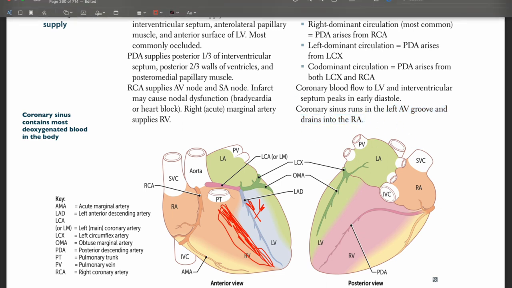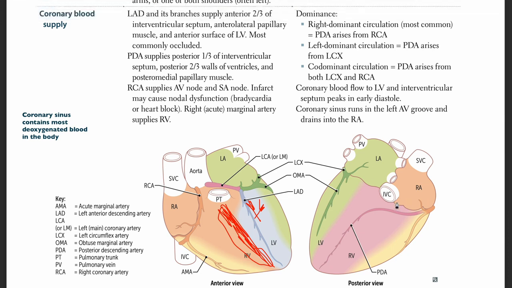So what it means is, let's see, when the heart starts pumping, right? When it pumps, it's using up all its energy, and the muscles are going to require what? It's going to require blood that's oxygenated, right?